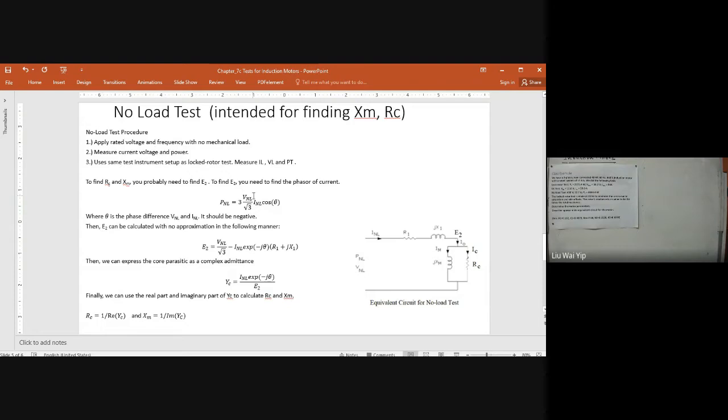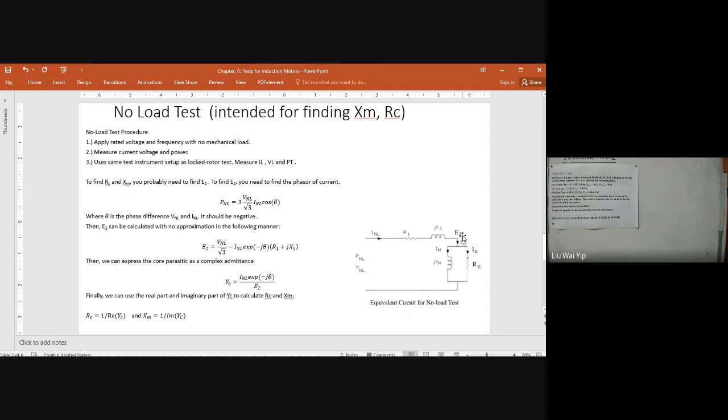So what we need to do is to use the power, phase voltage, and the line currents to calculate the phase shift based on this formula. The phase angle in this formula is theta, and the phase angle is normally negative. With this in mind, we can calculate the voltage E2 here.